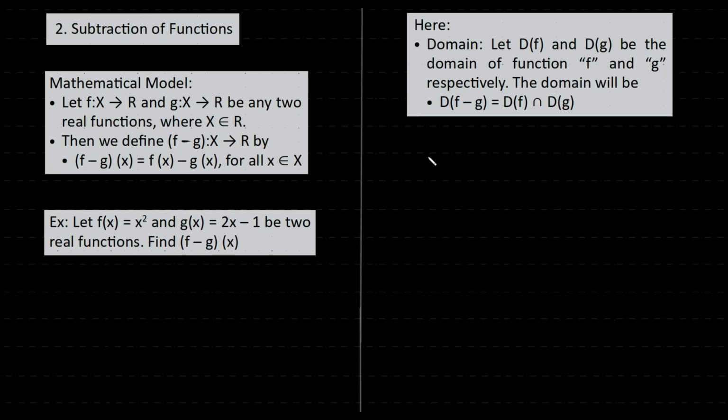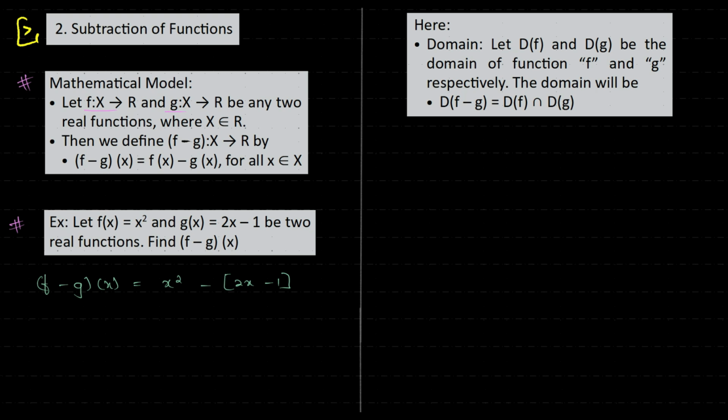Similarly, I've shown the subtraction also. It's the same thing. So in subtraction, what are we looking at? The same thing, two functions mapping X to R, where X is a subset of R. Subtraction between the functions is f of x minus g of x, and so on. Basically, let me show this. We have two functions. If I have to find f minus g of x, all I have to do is x square minus (2x minus 1).